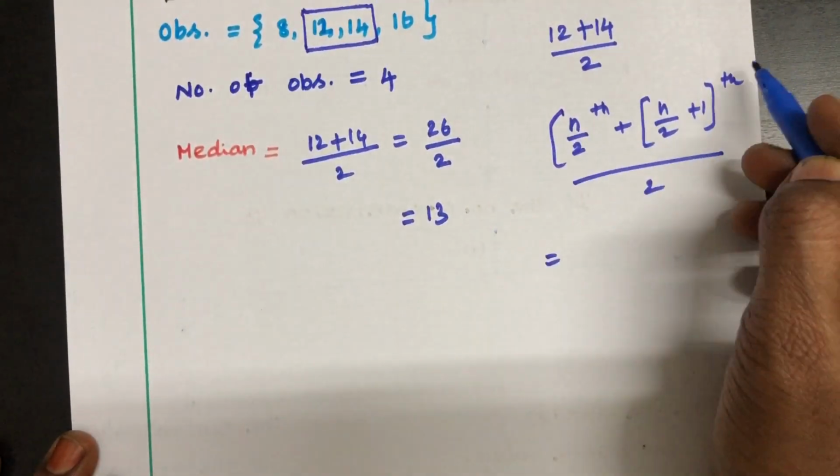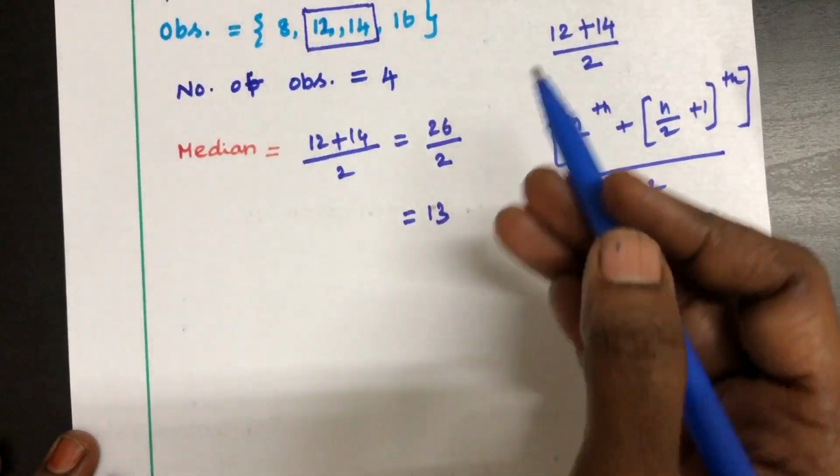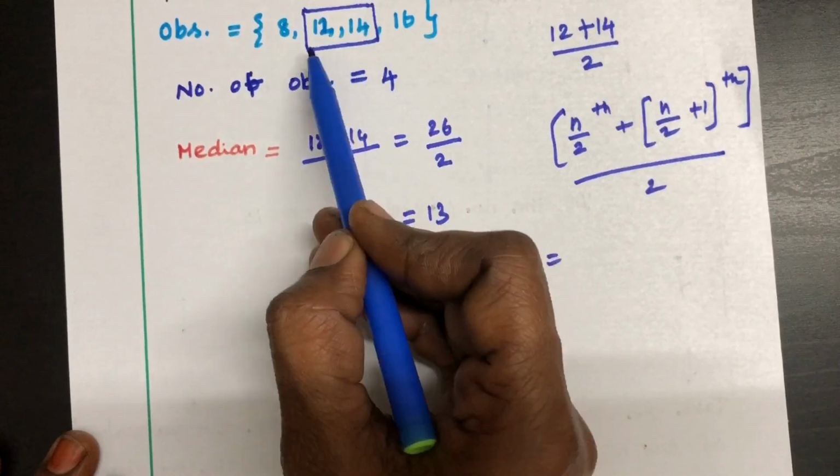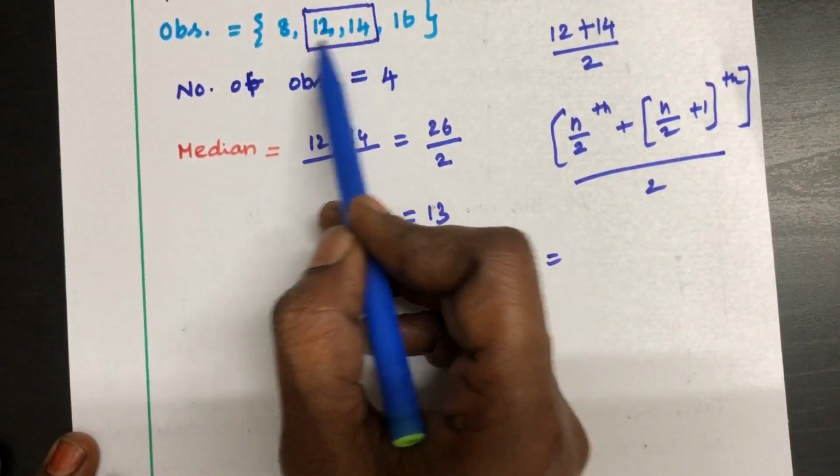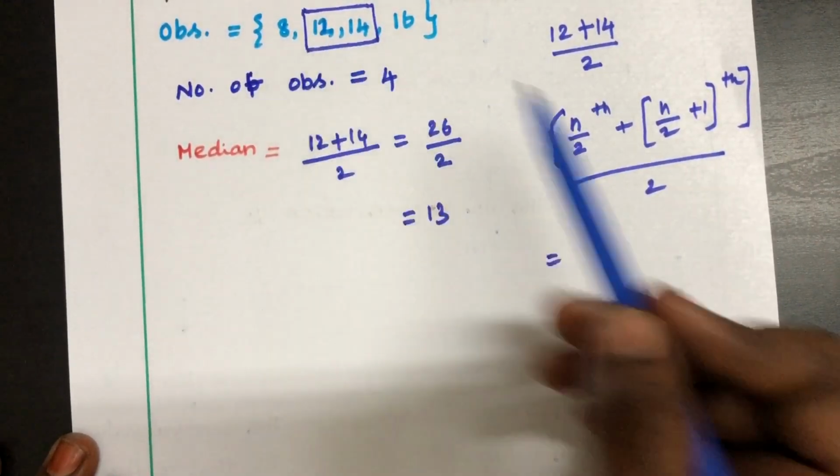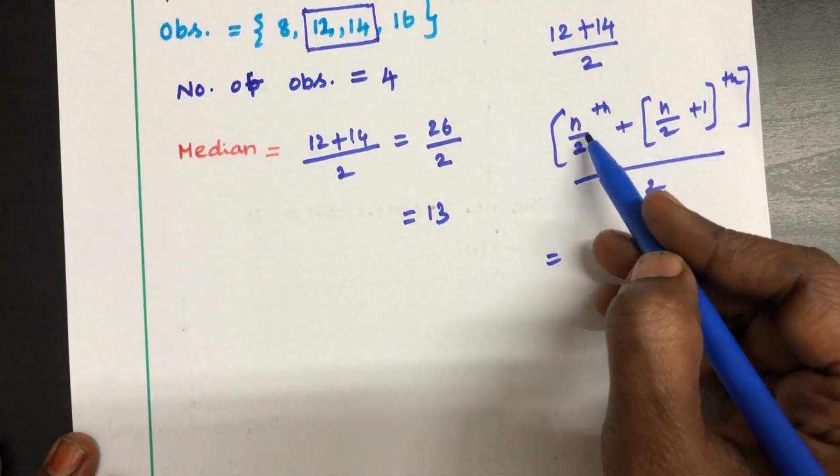If the data is big, if the number of observations is big, we can't easily pick out the midpoint between two numbers. So for that, what is n?